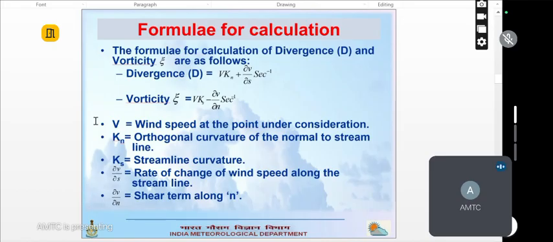Why do you need it? You want to know whether this is expanding or converging. And what you want is the speed along the streamline, and what is the rate of change? So these two terms are needed in divergence, and the other two terms are needed in vorticity.